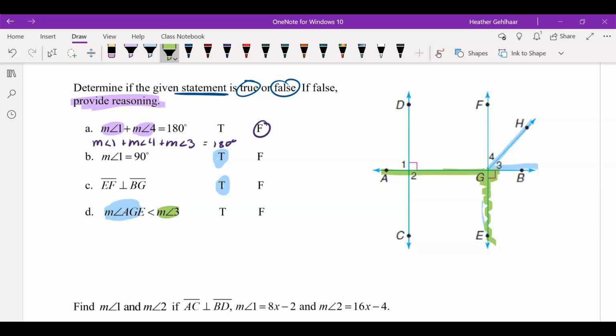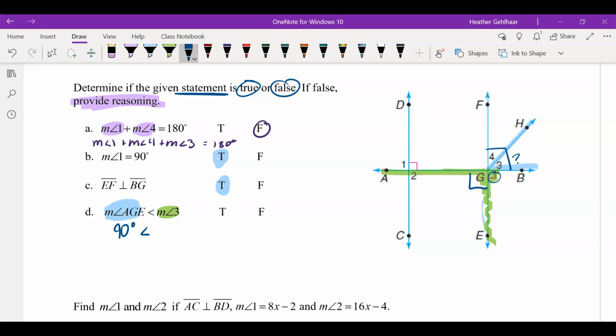So it's less than angle 3. Well, we know that AGE is a right angle because we got this guy here, so that's equal to 90 degrees. Is it less than the measure of angle 3? Well, once again, we know that the measure of angle 4 plus the measure of angle 3 will equal 90, but we don't know what 3 is. It's going to definitely be less than 90 degrees.